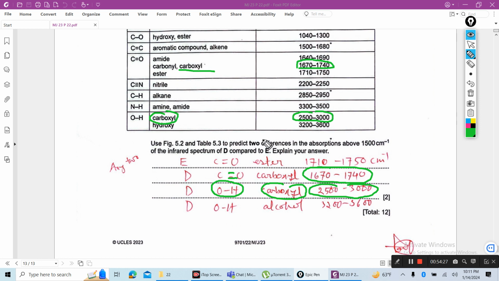And the alcohol OH group will be in a different range, 3200 to 3600.